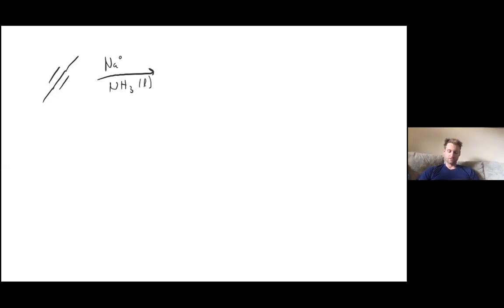So typically when we think of sodium, we think of Na+, like Na+ OH-. Sodium 0 is sodium with an extra electron, so it's neutral, but it really wants to lose this electron so it can have a full octet.